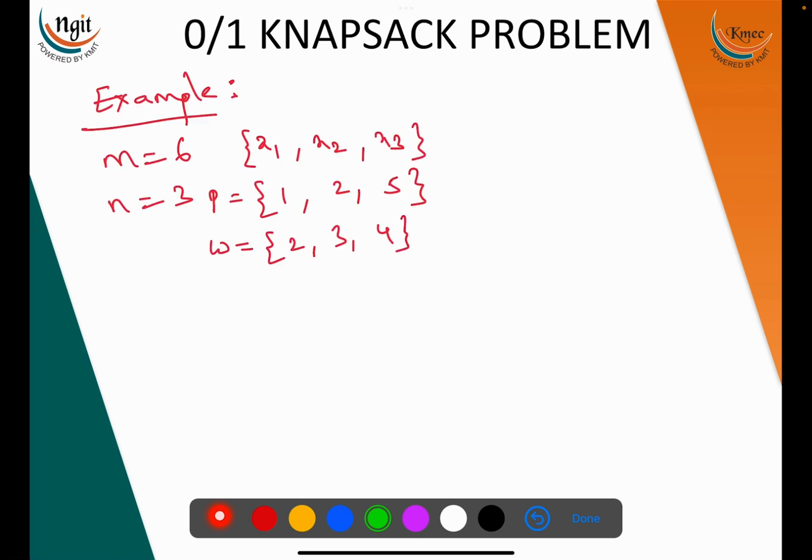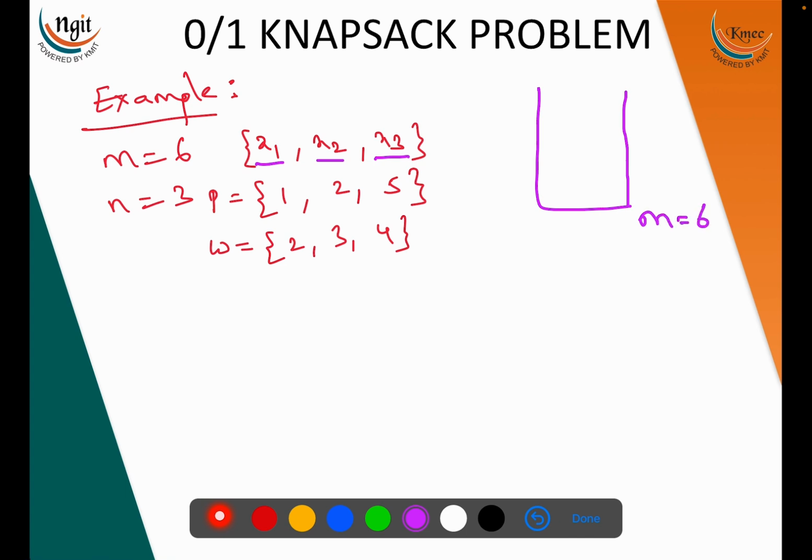Now, we'll take an example to place in the knapsack. The items to place are x1, x2, x3. These are the items I want to place in the container. My knapsack's bag capacity is m equal to 6.